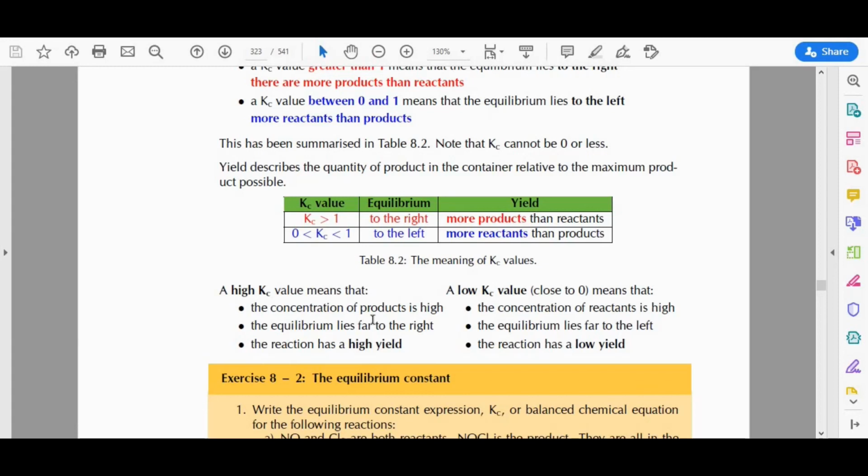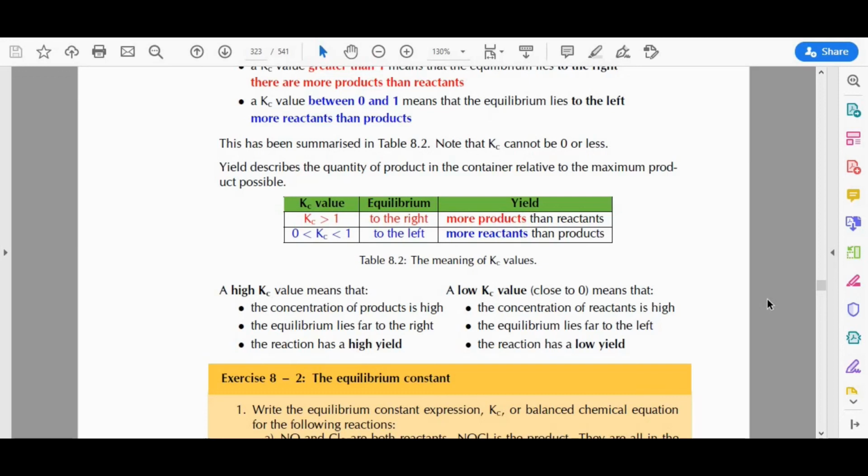This bottom part is very important, because if we have a high Kc value, a very high equilibrium constant, possibly greater than 1, then the concentration of our products is high. The equilibrium lies to the right, and the reaction has a very high yield.